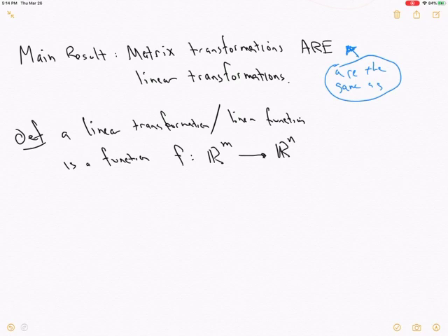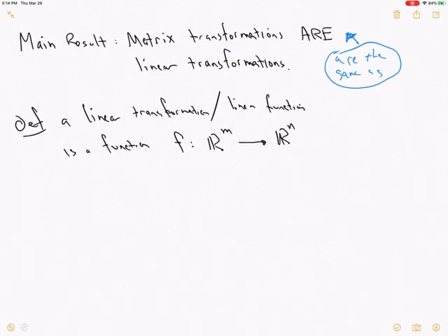It could be just an ordinary real-valued function from R to R, like what you studied in calculus, but it could be from R2 to R3, it doesn't matter. M and N here are arbitrary, and in order to be linear, it has to satisfy two properties.